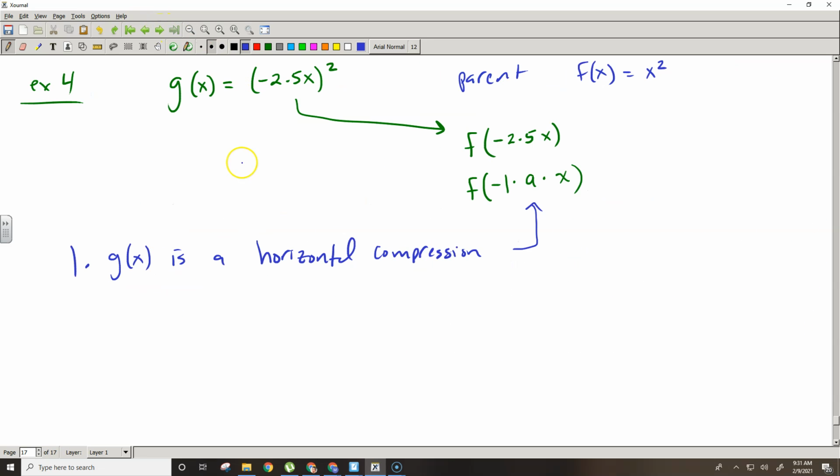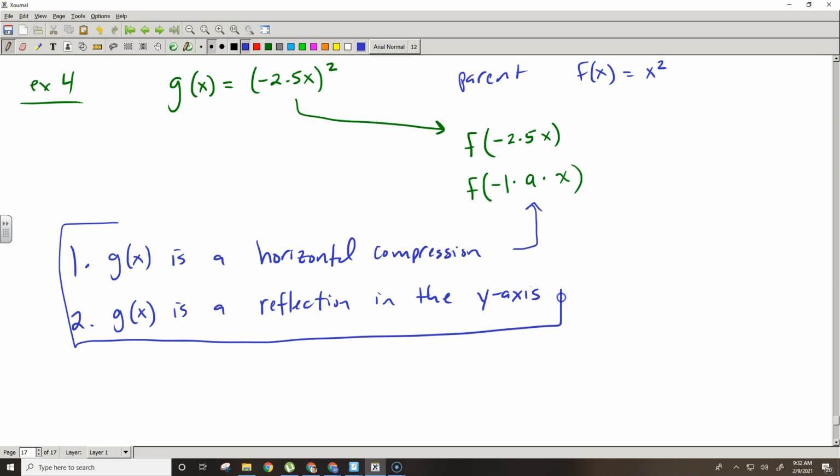So number 2 in this function, if we go back to our rules, we can say g of x is a reflection in the y-axis there. It's going to be a y-axis reflection. So really, nothing's going to change, right? It's just going to reflect over the y, and those y values aren't really going to be reflected and go negative. So this is what I would put for that second one, right?